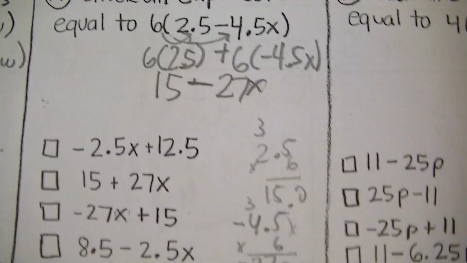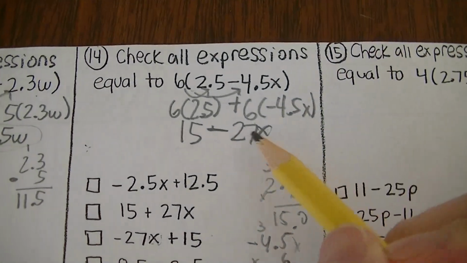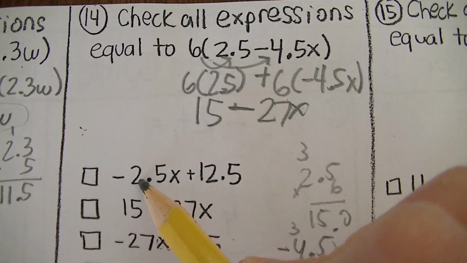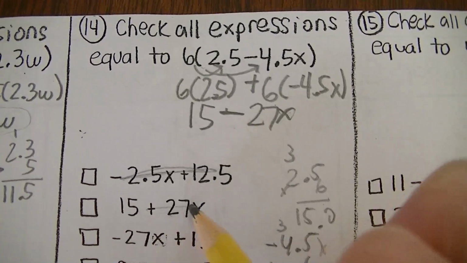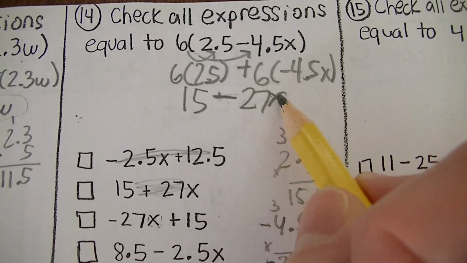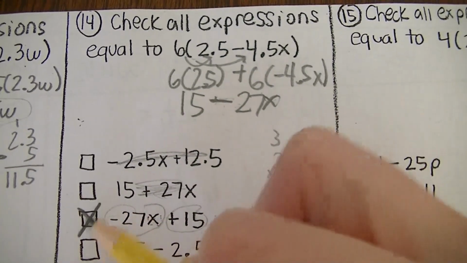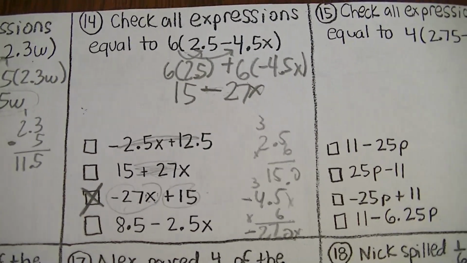Okay, so it's a positive 15 and a minus 27x, or a negative 27x if you want to look at it that way. Nope. There's positive 15 and a positive 27x, but that's not, it's clearly a minus or a negative. Oh, here it is, negative 27x, there's one right there, and a positive 15. Okay, that matches. Okay, right here, oh, that's the only one that matches.